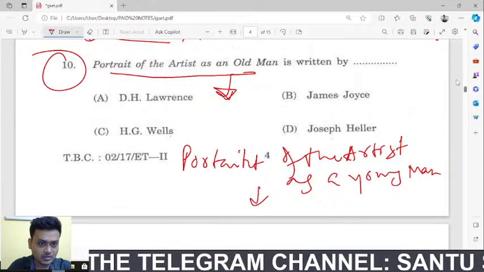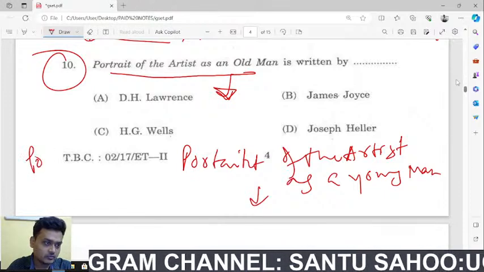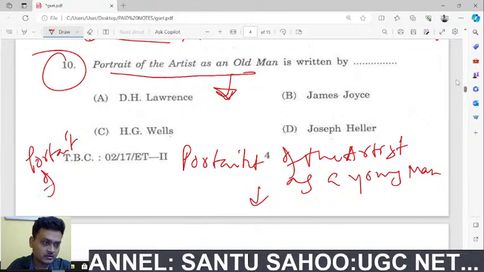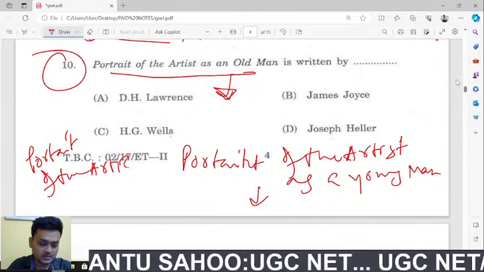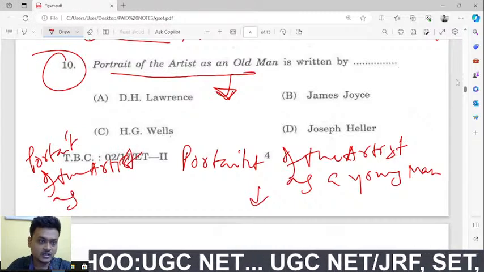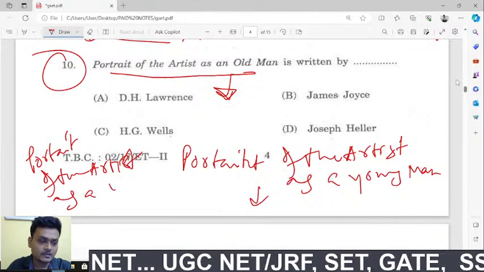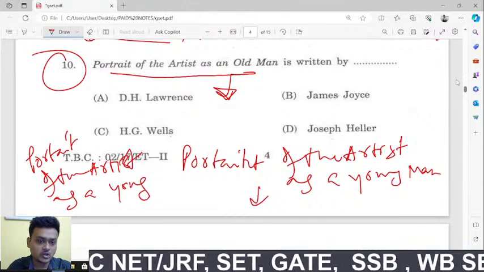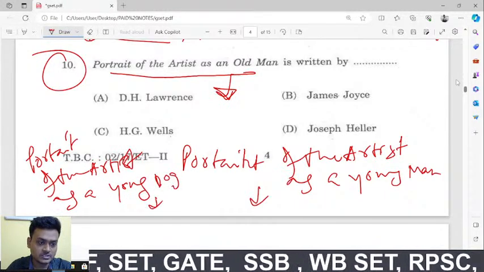And we have also another work, Portrait of the Artist as a Young Dog. Who wrote these three works?